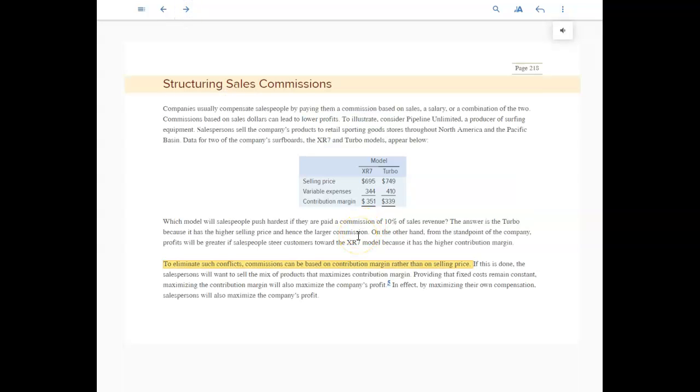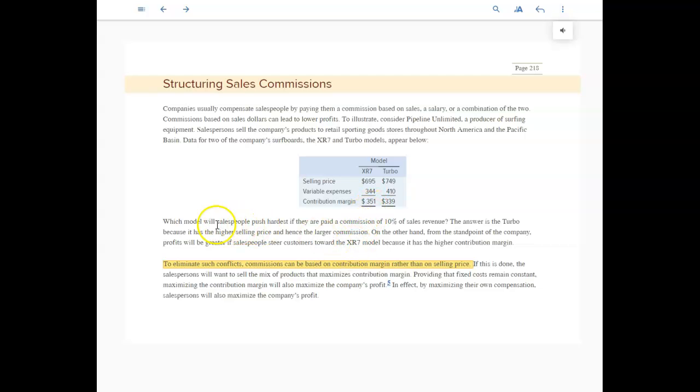This is just saying that sometimes companies want to structure their commissions based on what's good for the salesperson and is also good for the company. So if you have sales commission based on sales dollars, a salesperson might try to sell a lower contribution margin unit.